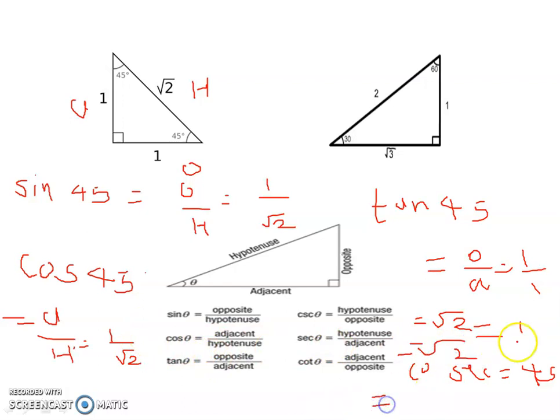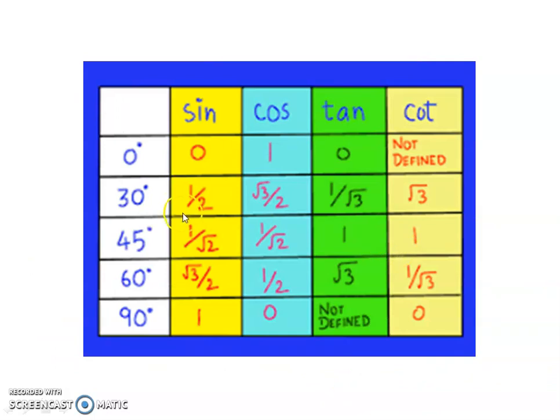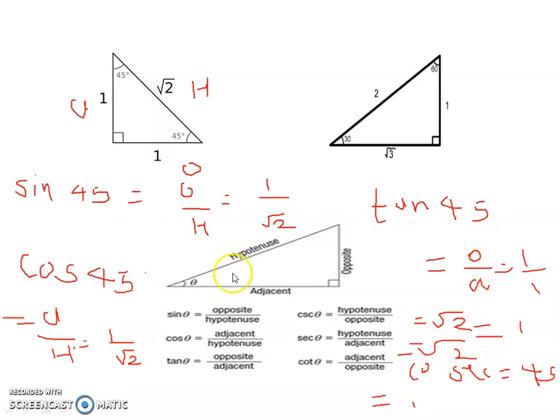Cot means 1 upon tan, that is 1 upon 1. So in this way we define sine 45, cos 45, tan 45, cosec 45, sec 45 and cot 45. For 45 degree, sine is 1 upon root 2, cos is 1 upon root 2, tan is 1 upon 1 and cot is 1. This table we have to be clear about.